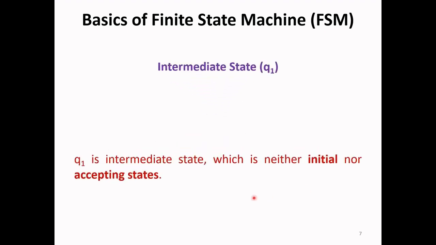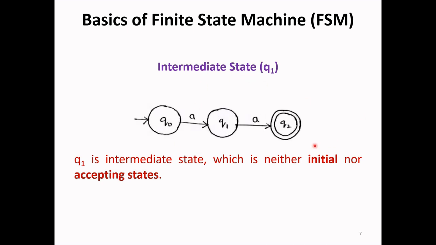A state which is neither initial nor accepting state is called an intermediate state. For example, in this small FSM, Q0 is the initial state, Q2 is the final state, Q1 is an intermediate state. And from Q0 state, for input A, it is going to Q1.